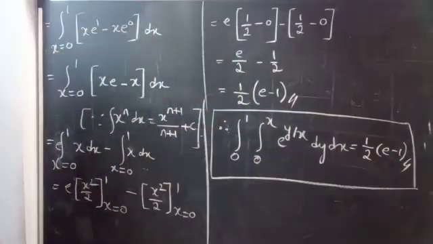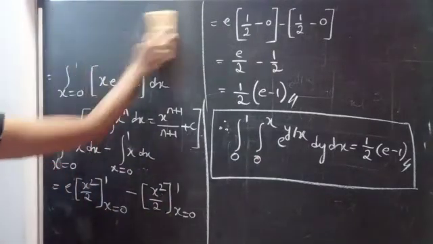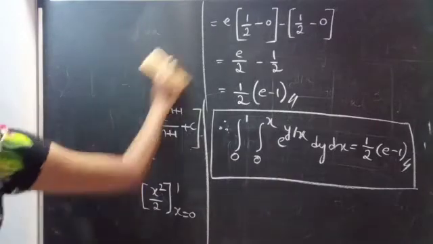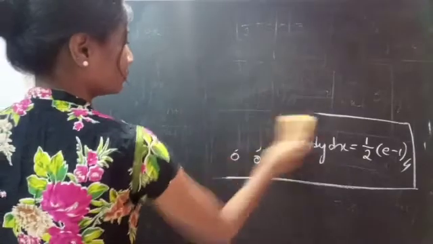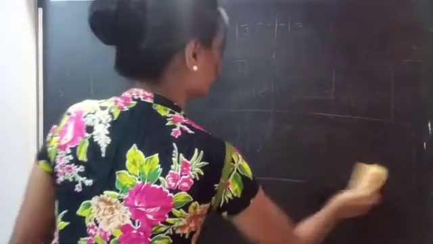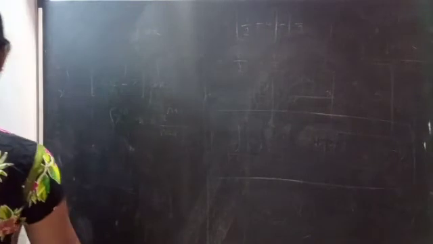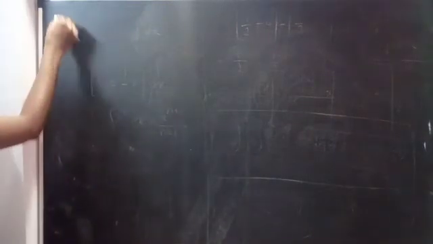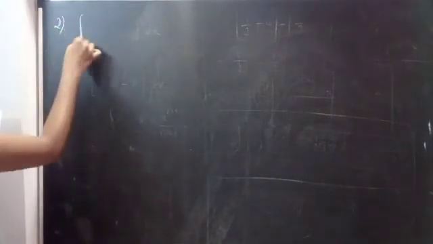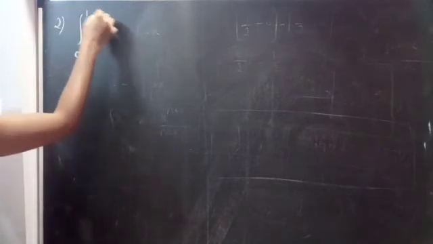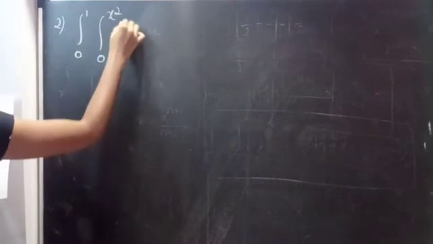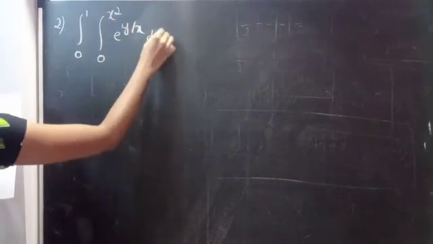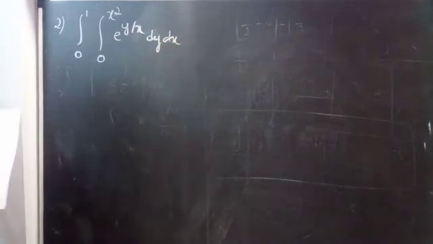Okay. So next problem. Second problem: integral 0 to 1 into integral 0 to x square e power y by x dy dx.